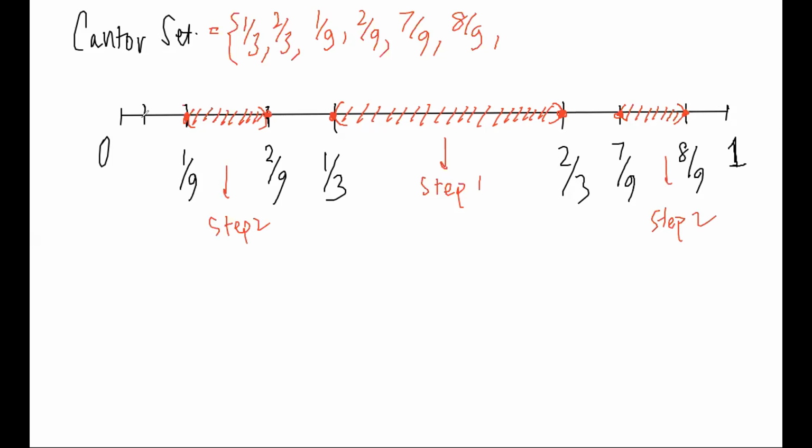So step 3, you remain with this interval. Now you get 4 intervals, right? So you cut the remaining intervals into 3 parts again, right? And again, remove the middle 1/3. So you're left with the endpoints.